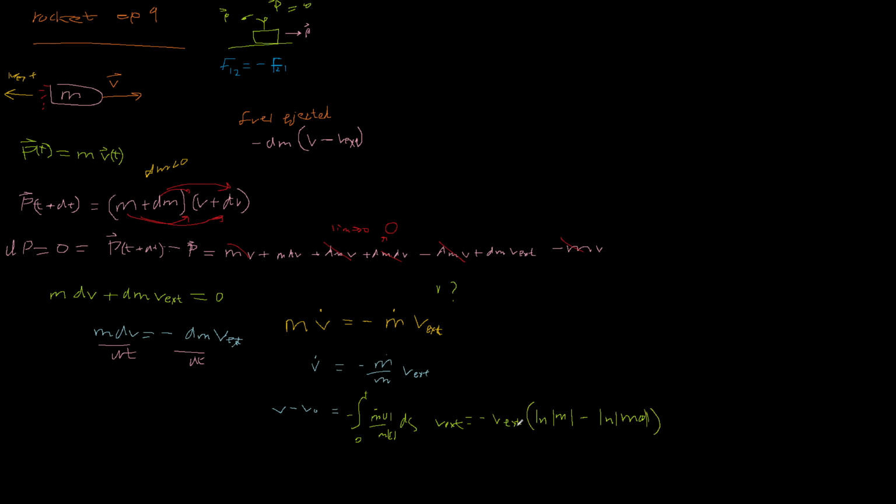We can use log laws: ln of m over m naught. And we move that negative sign inside, and that's going to swap their position. So we get this final equation for velocity. V is equal to our initial velocity plus our external velocity times the natural log of our initial mass over mass. And this is our rocket equation.